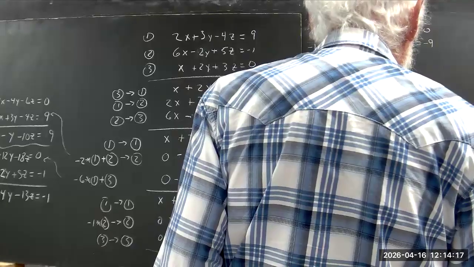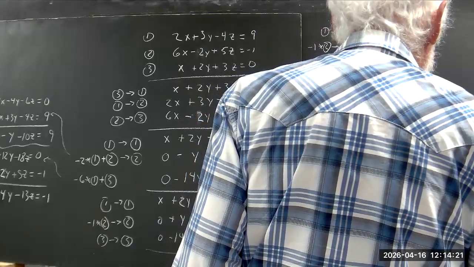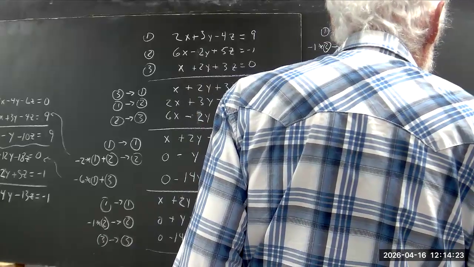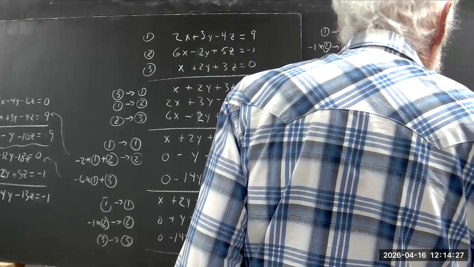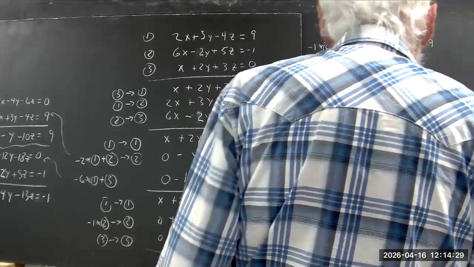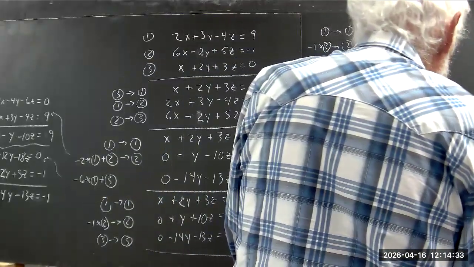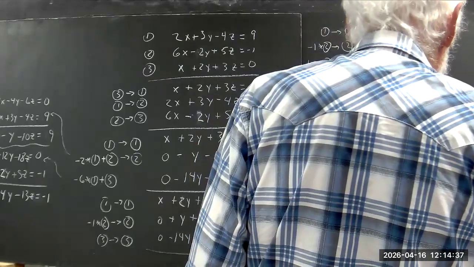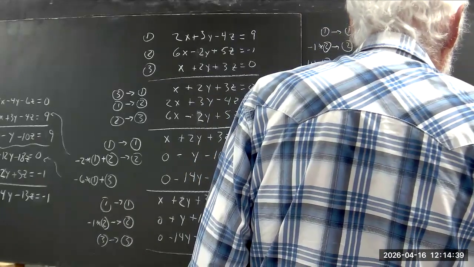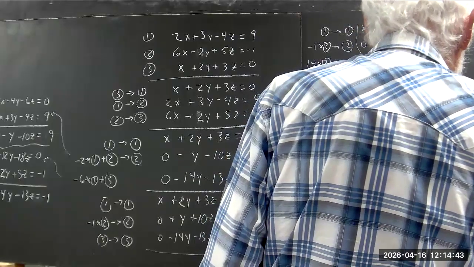I add these, I get 0 plus 0 minus 117z, it's 127z, sorry, equals negative 127.